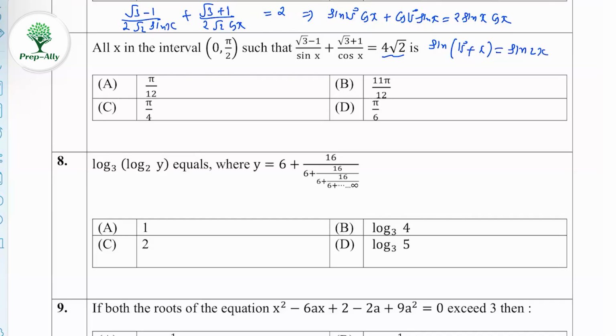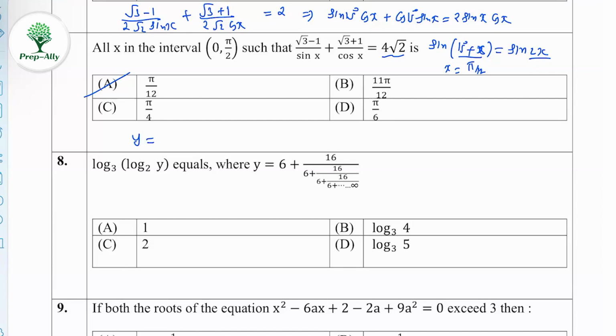It can be clearly seen that it will be satisfied by x is equal to pi by 12, because pi by 12 is 15 degree. Sin 15 plus 15 is sin 30, sin 2 into 15 is sin 30. So pi by 12. This question also, like so many times in mains, they are similar type of question.